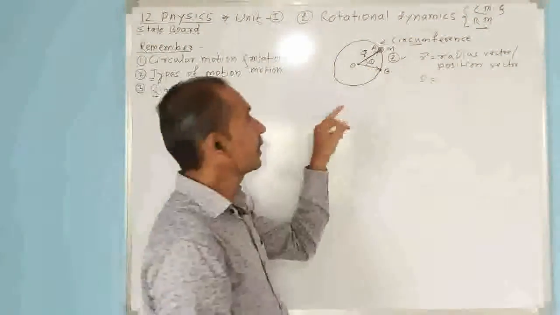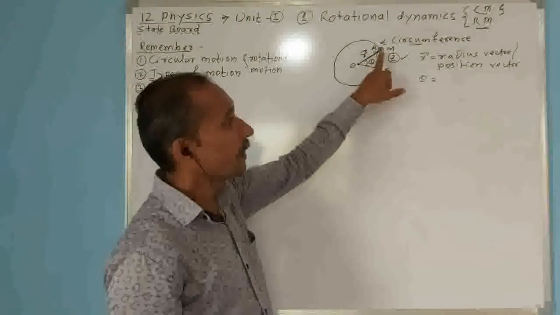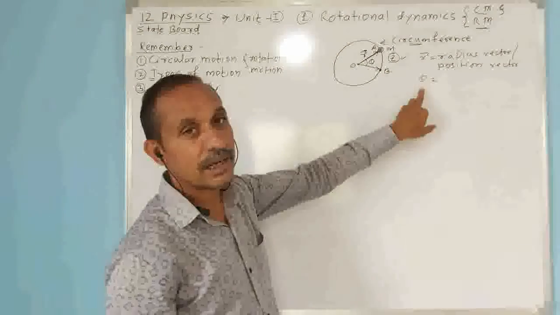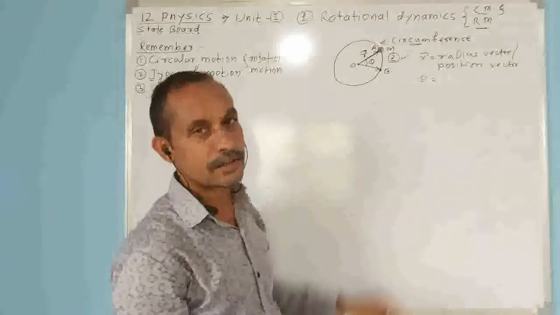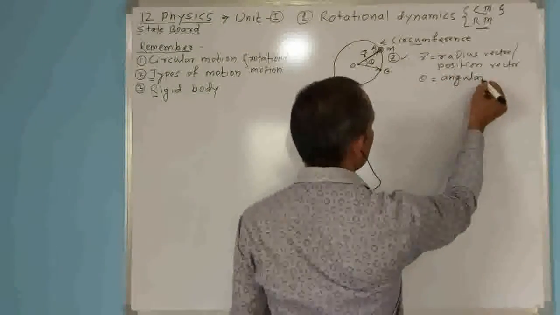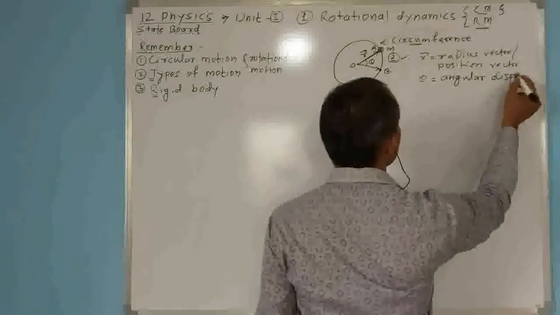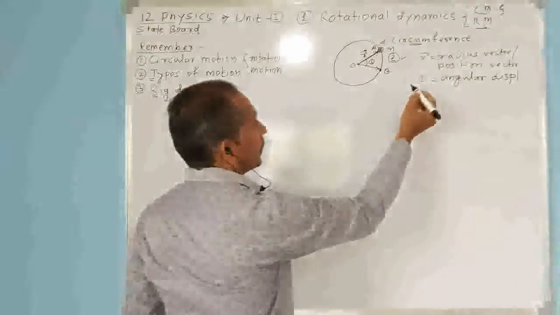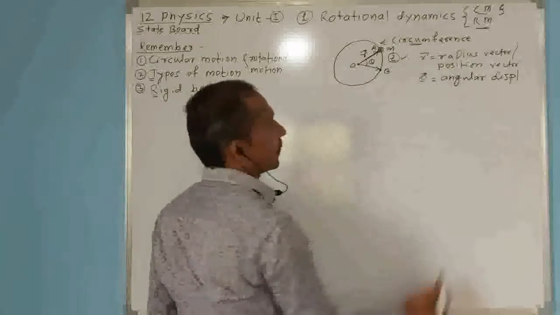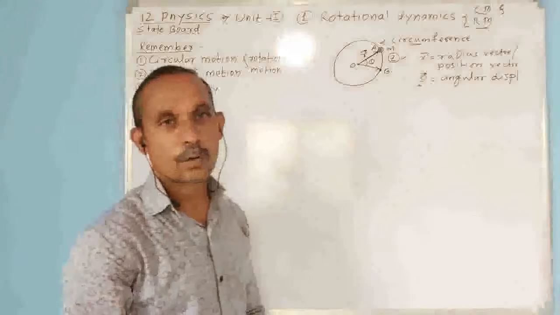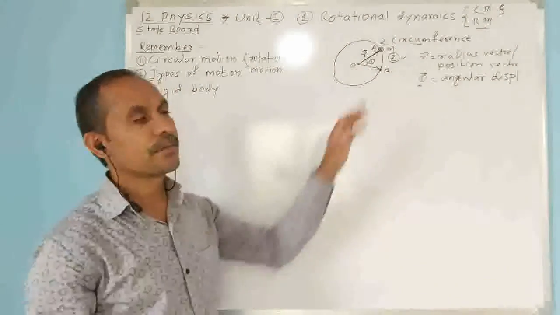This angle covered by the body in the time T is nothing but the angular displacement. Angular displacement in this case is a vector physical quantity.